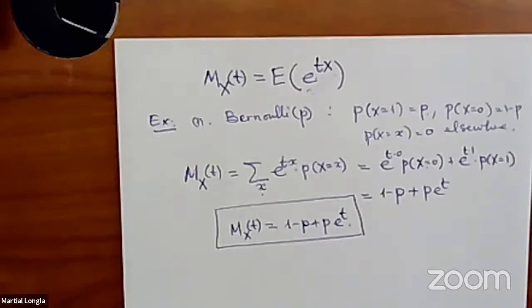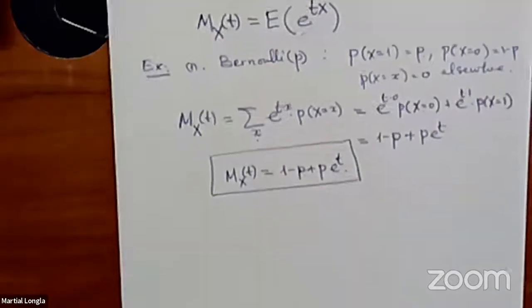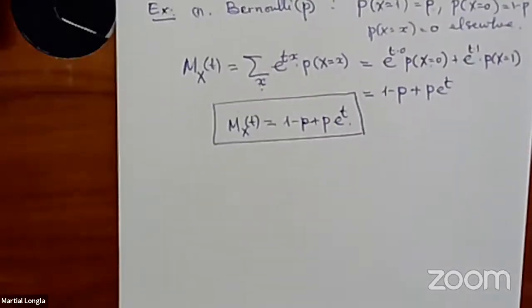So now, after computing the moment generating function, I want to use this example to explain everything else that I was talking about. I said that you can use this function to find the moments of x. And I defined the moments of x as the expected value of integer powers of x.